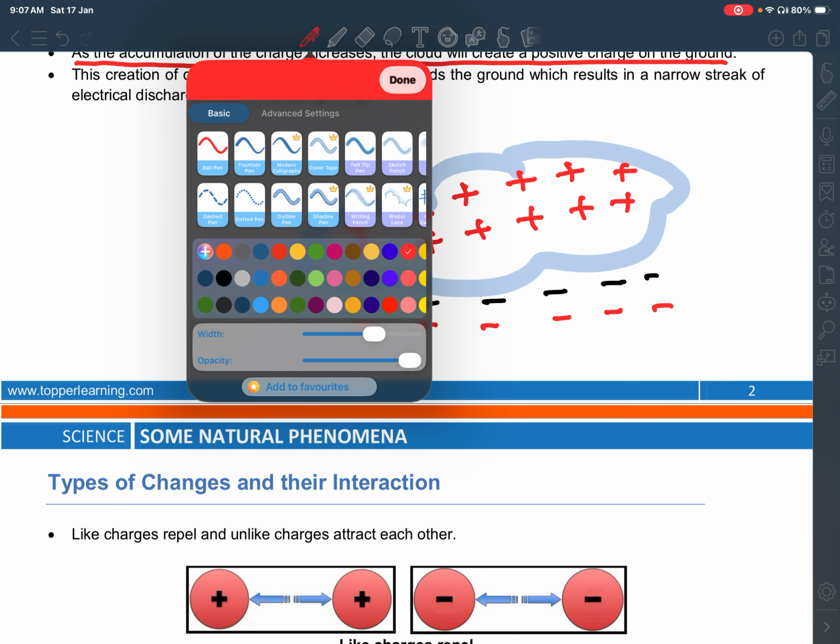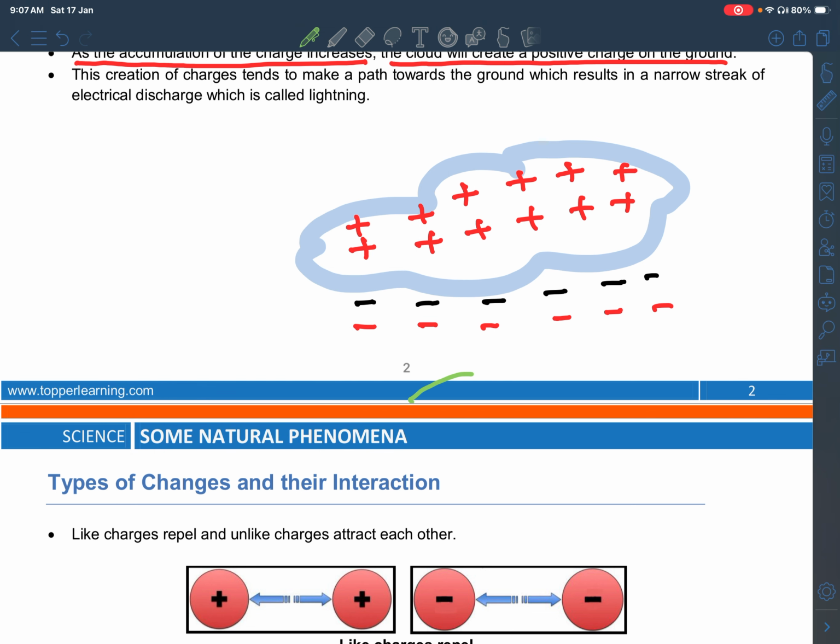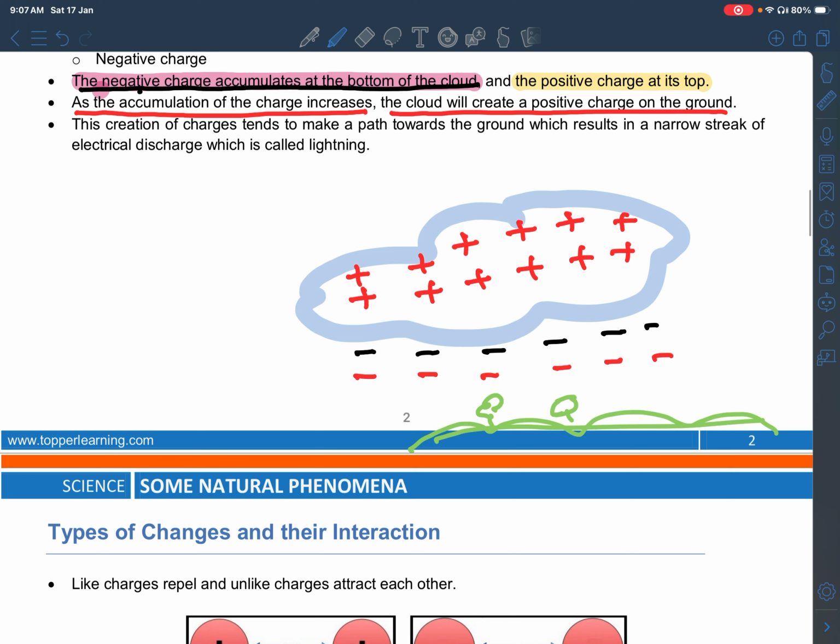Suppose this is the ground. Now here you can see that. So once again, the cloud will create positive charge on the ground. Okay. Look over here.